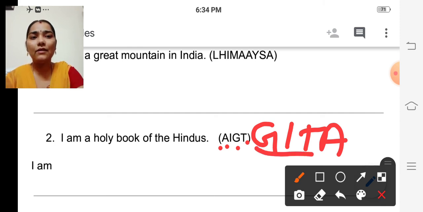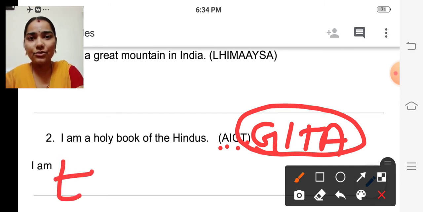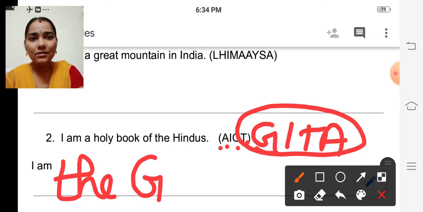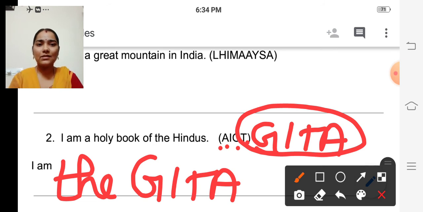Here also they have mentioned a particular book, isn't it? So the article the should come. The Gita. Is it clear, children?